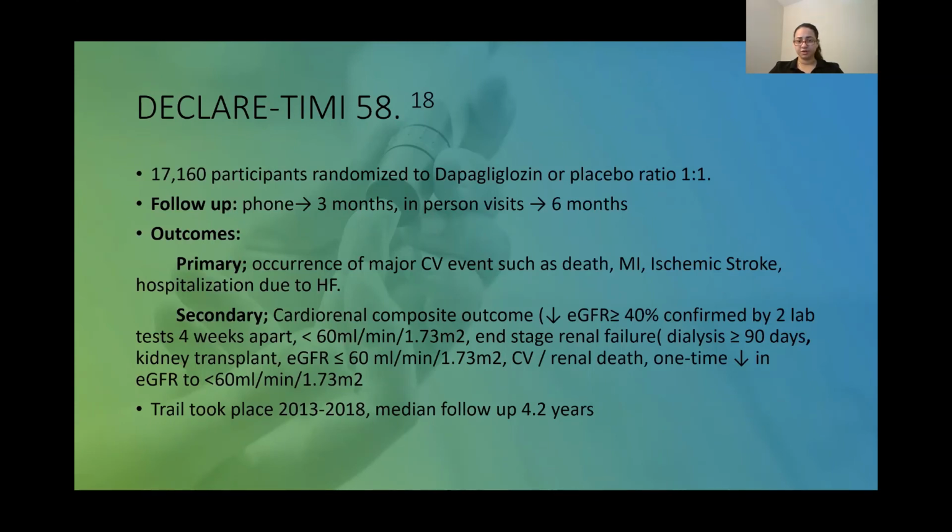Also, end-stage renal failure with dialysis for 90 days or more, kidney transplant, a GFR of 60 mLs per minute or less, cardiovascular or renal death, or a one-time decrease in the GFR to less than 60 mLs per minute. The trial took place between 2013 and 2018 with a median follow-up time of 4.2 years.